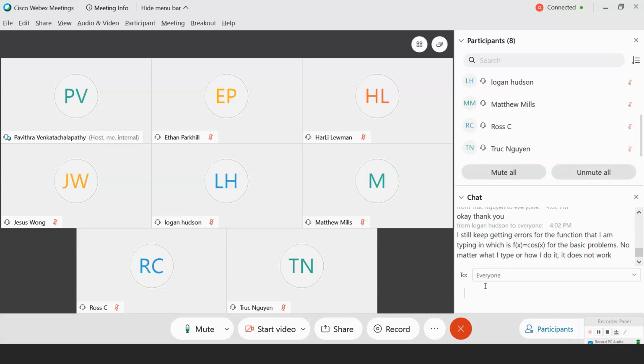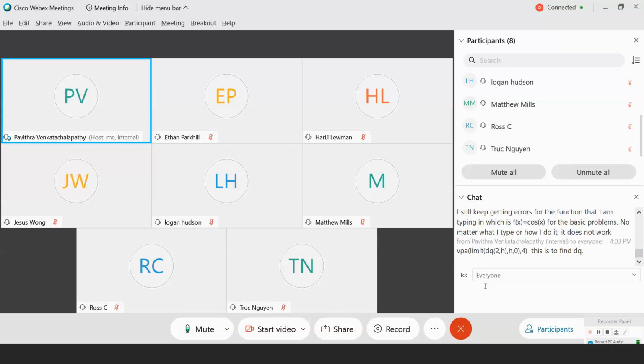So this equation is to find DQ. Just copy and paste the same equation, because the question asked and the code given in your lab manual are the same. So you can find your DQ using that. Do not change anything there. What you have to do is find the left and right hand limit. You must do that because that was taught in your lab 1.